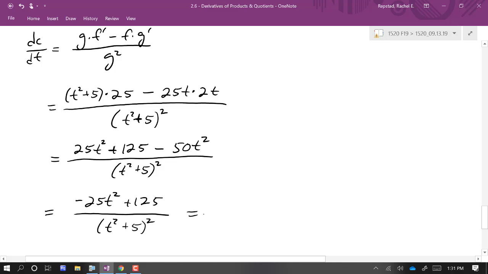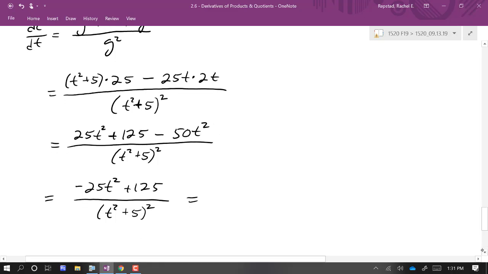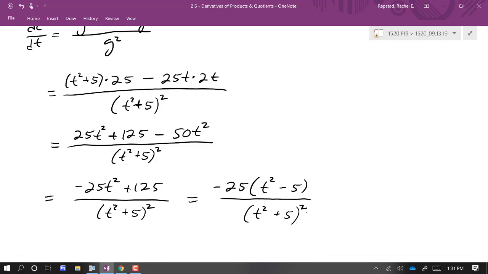Well, just for fun, because I find it convenient, I'm going to take out a negative 25 from the top. And if I take out a negative 25, then we're left with t squared minus 5. And boy, doesn't it feel so close, and I wish I could cancel, but there are definitely no common factors. So there's dC/dt.